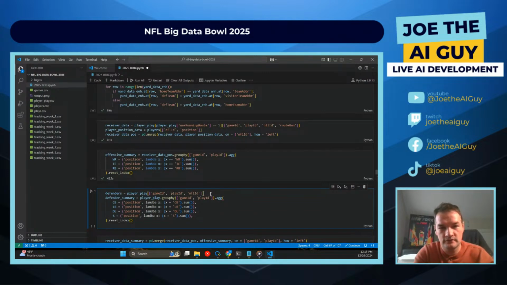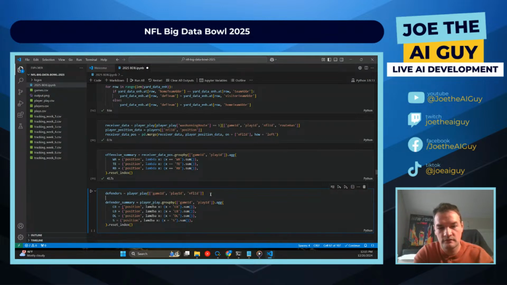And then we need to merge the data sets here.